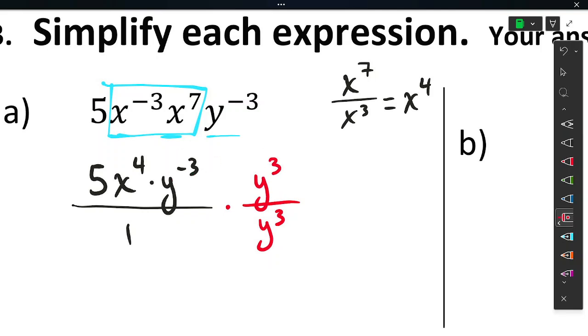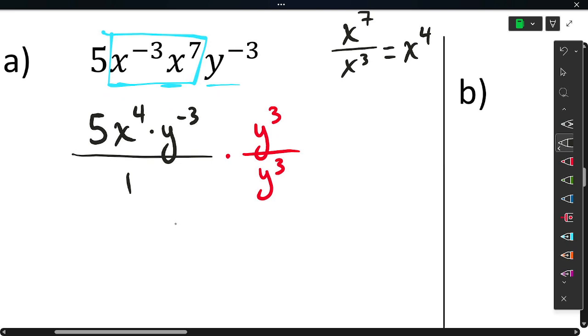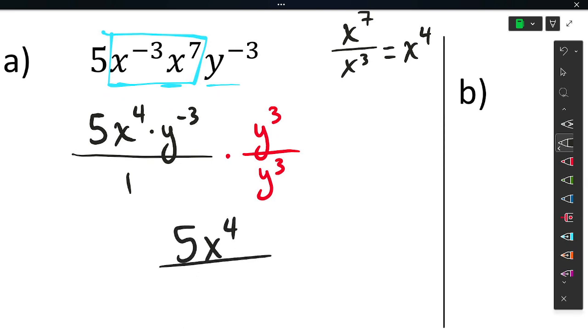So this just becomes the number 1. And if you look at it, this is now the number 1. And I'm allowed to do this because I'm multiplying by the number 1. Where are my factors of y now? They're in the denominator, right? I'm just dividing by y 3 times. So the simplest way to write this expression is 5x to the 4th power divided by y to the 3rd power.